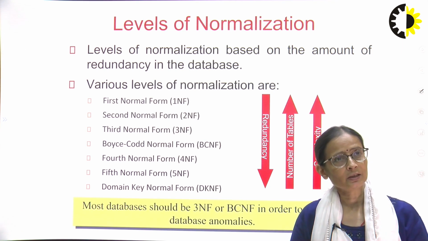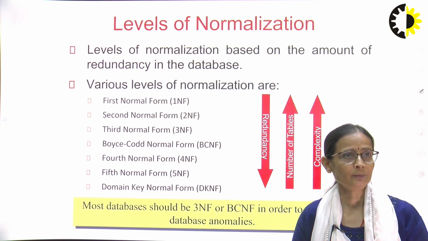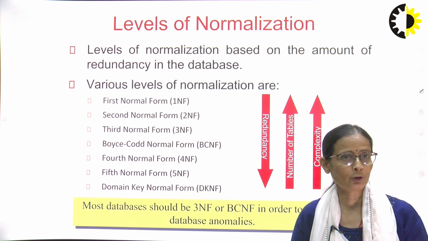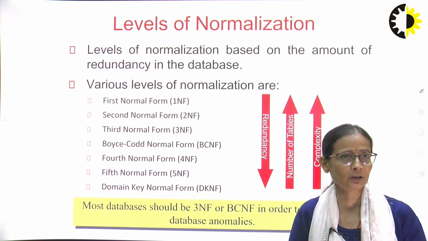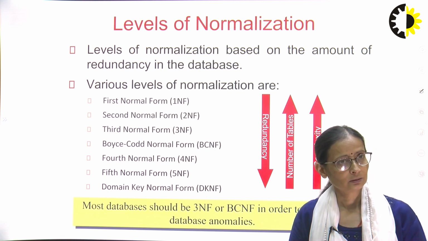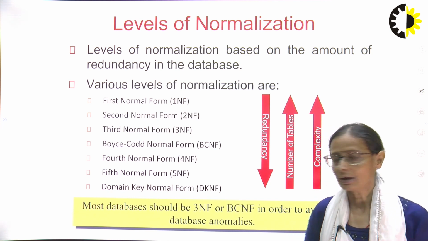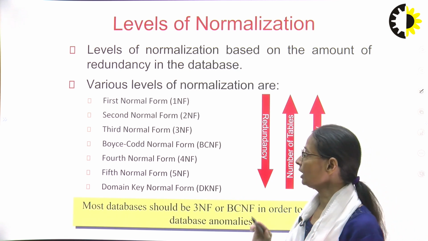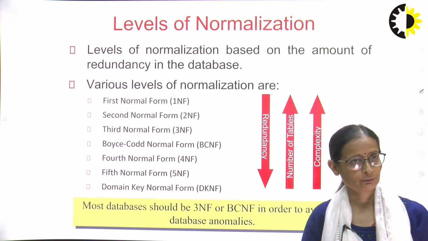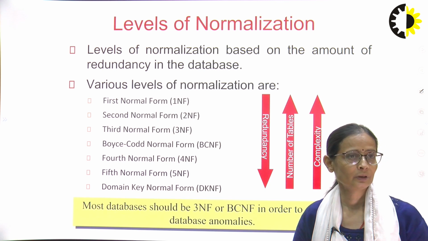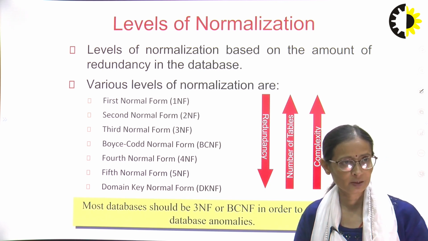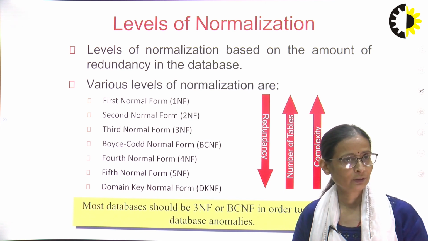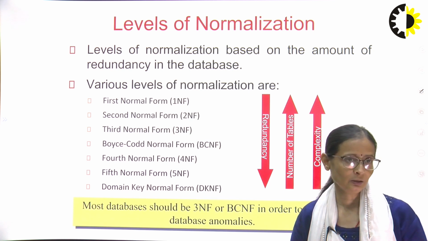We have various levels of normalization, and the level depends on how much redundancy we can afford in our database. These are the basic normalization forms: 1NF, 2NF, 3NF, then Boyce-Codd normal form BCNF, 4NF, 5NF and domain key normal form.